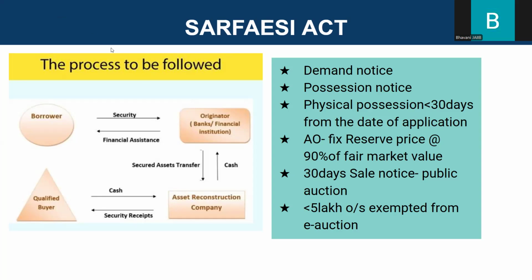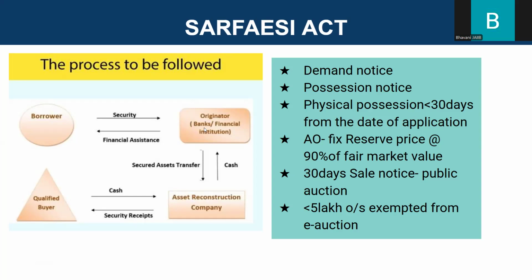We can have a look at the table, the process which needs to be followed under SARFAESI. Usually the borrower mortgages his property, which could be movable or immovable, as security and takes the financial assistance from the bank or any financial institution. But when the borrower doesn't pay, the loan becomes NPA.